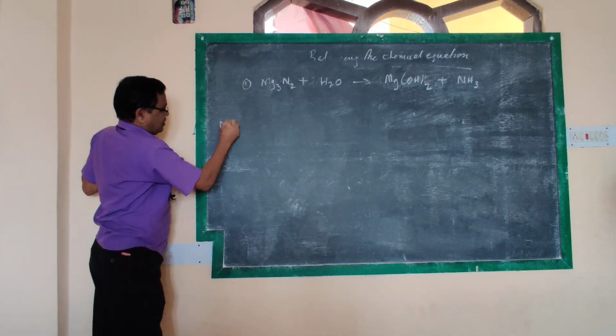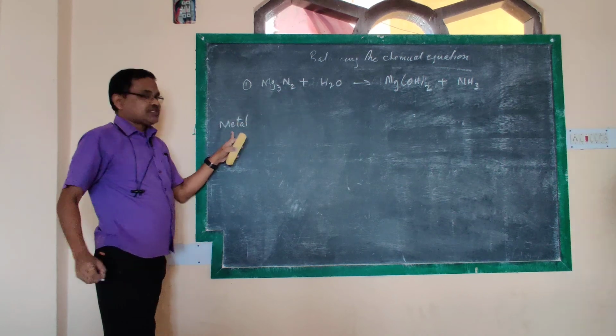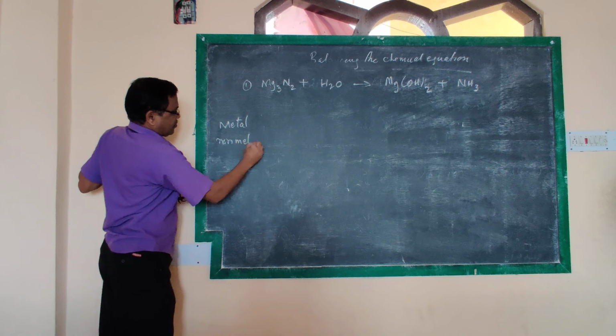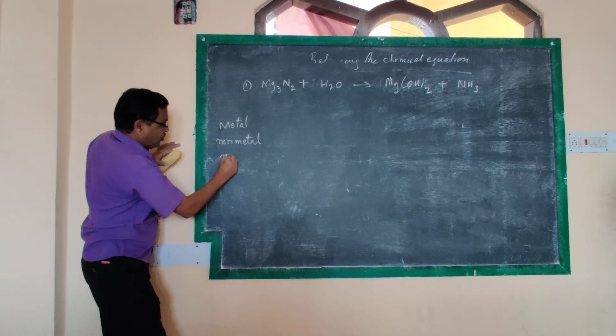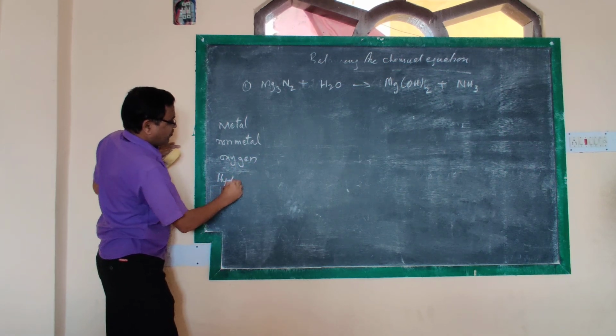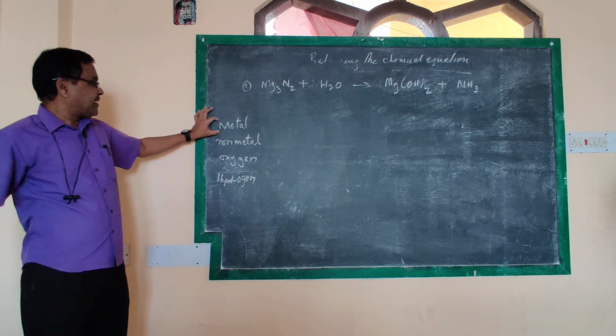Whenever you get a reaction, first try to balance a metal. Then go for non-metal. Then come to oxygen. And last go for hydrogen. Keep it as practice. First metal.